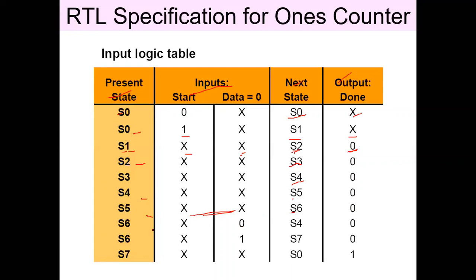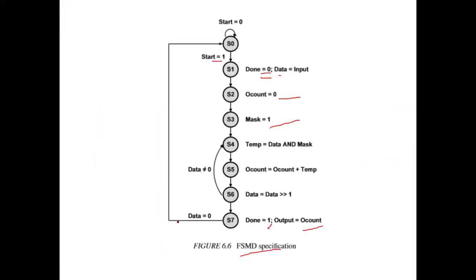But from S6 onwards, the next state can be S4 or S7, depending upon the data. If data is not 0, it moves to S4, and if data is equal to 0, it moves to S7.